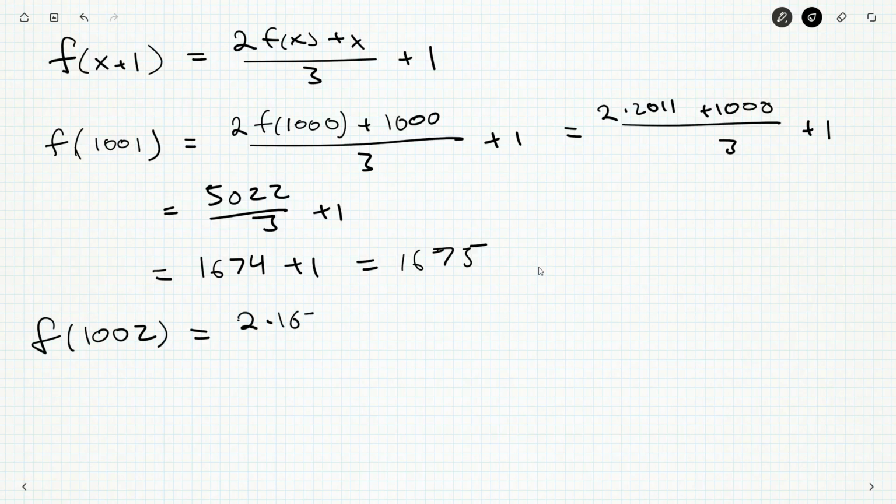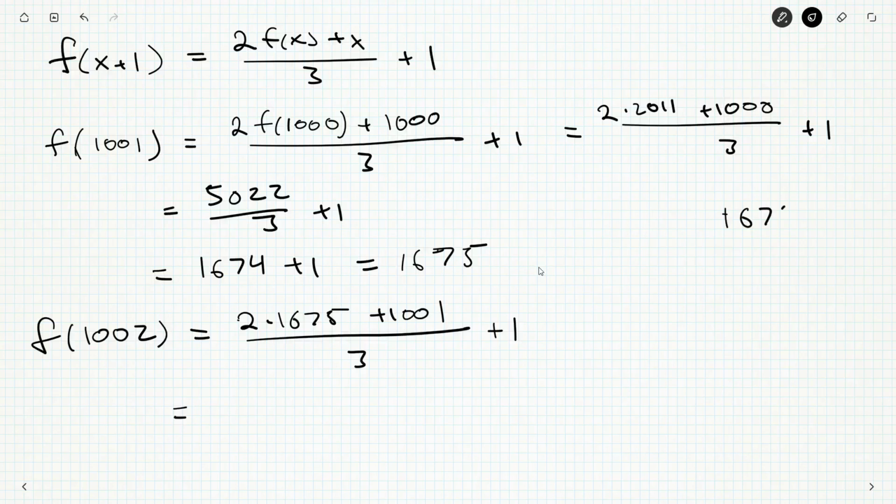So 2 times this amount all over 3 plus 1001 all plus 1. So it's almost going back up to 5022 again.